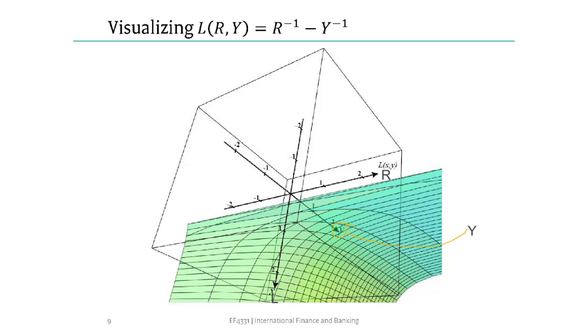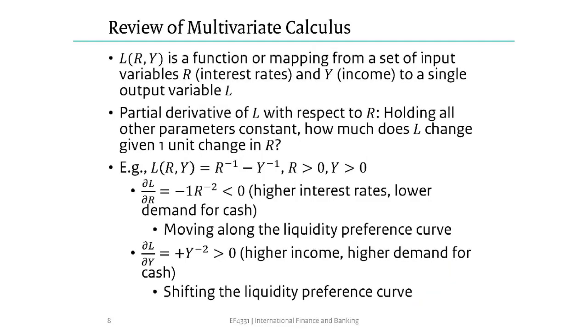This graph was generated from this equation here. R to the -1, I hope you all know, just means 1 over the variable. It's a very easy variable to take the derivative of. You can see the relationship between L and R and between L and Y by simply taking the first derivative. The first derivative with respect to R is negative, so it's a negative relationship between the two variables.